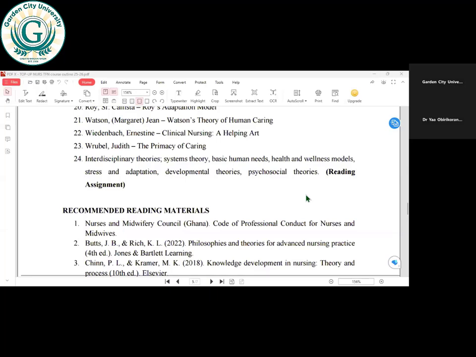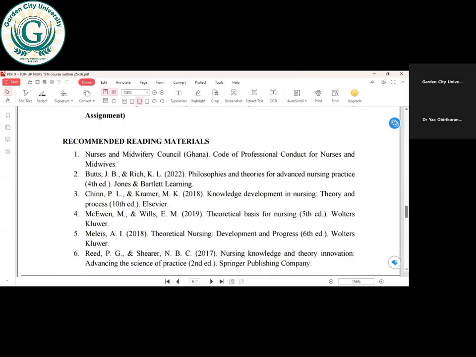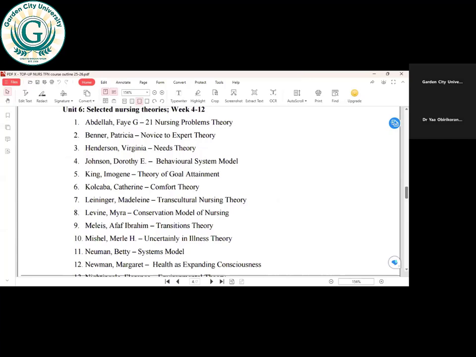Once I get them, I am going to put you in 22 groups, based on the centers. Let's say I have Tamale, and based on their number, I can get two groups from Tamale. I'll give you your topics.